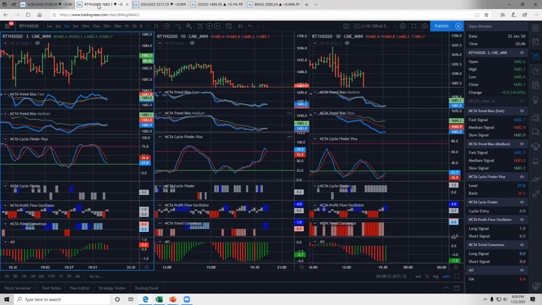And this has been something that we have refined over the last several months, folks. We used to use predefined stops. 10 points was a very common stop for us to use on NQ. 3 points was a very common stop for us to use on RTY. But as we evolved our data and analysis, it became very apparent to us that it's the data analysis that is more important than a predetermined stop.